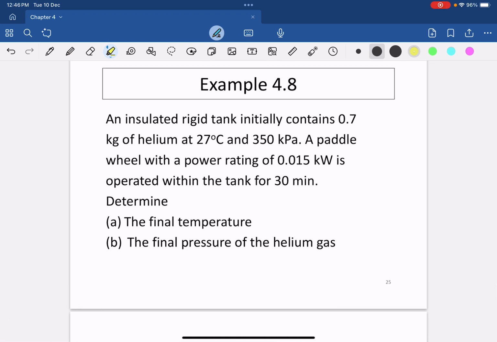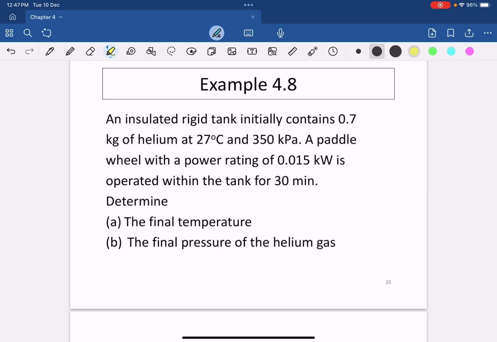This is where we use specific heat to solve the energy balance equation. Example 4.8 says that an insulated rigid tank initially contains 0.7 kilogram of helium at 27 degrees Celsius and 350 kilopascal pressure.